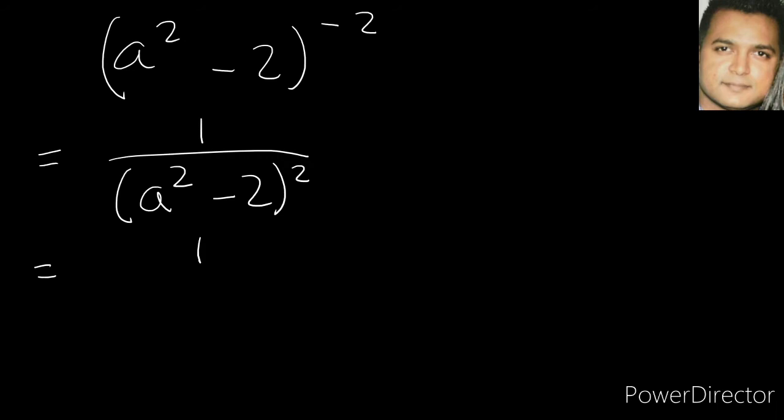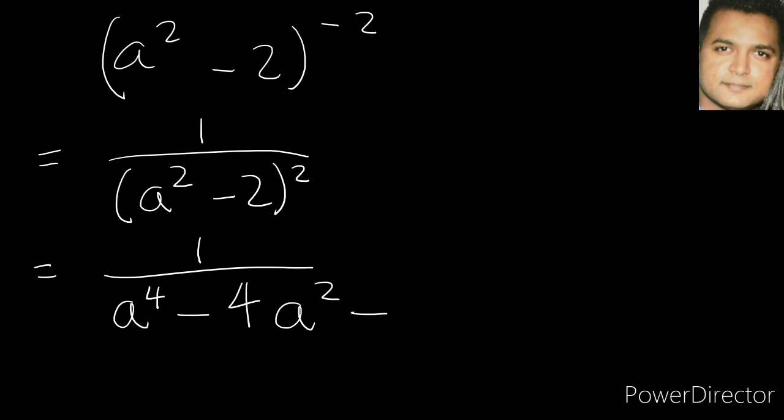So we have 1 over square the first term, which is a to the power 4, first term times second term, which is 1 times minus 2 is minus 2, times 2, which would be minus 4, a squared, and then we'll have plus 4.